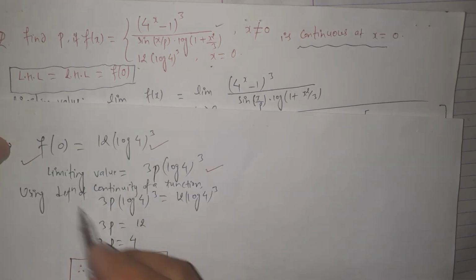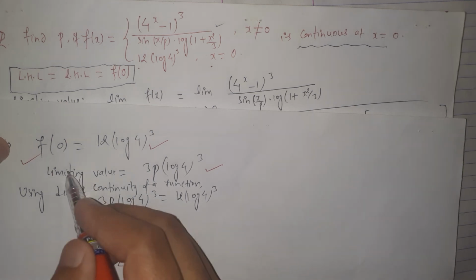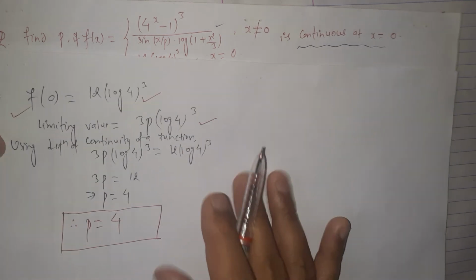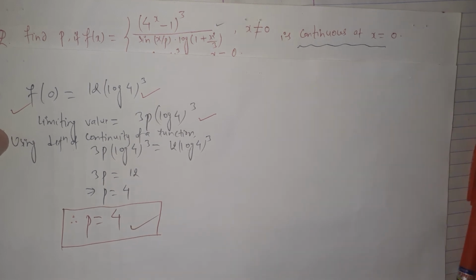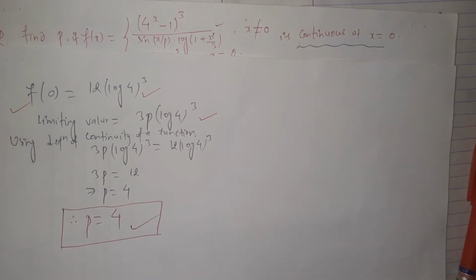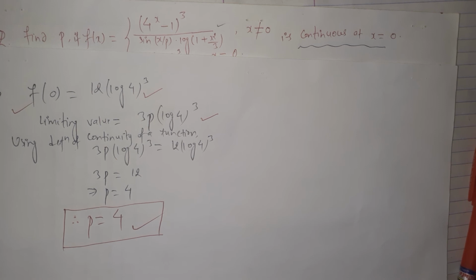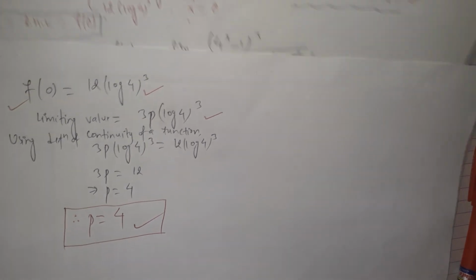And by using the concept of continuity of the function, both the limiting value and the functional value should be the same, so we do this, and then finally we have got the value of p as 4. This is the way of solving this particular problem.